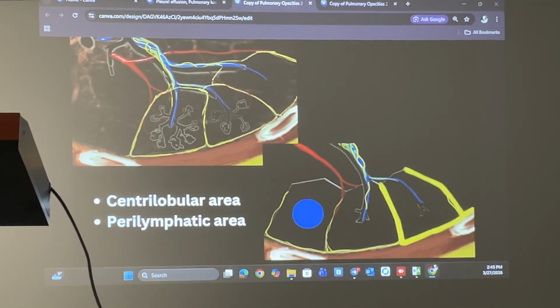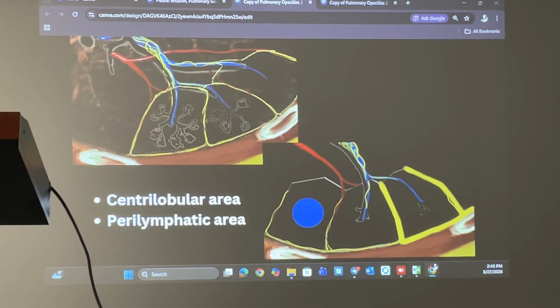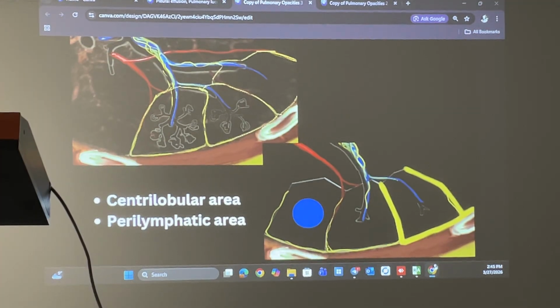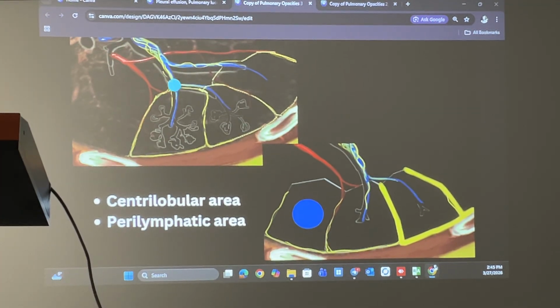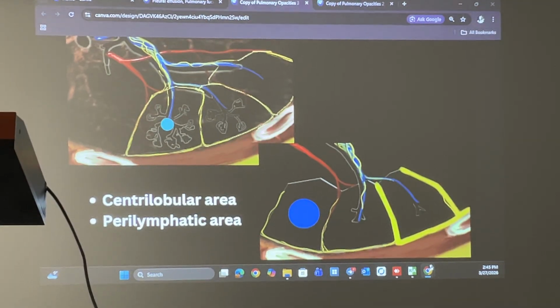The secondary lobule is supplied by a small bronchiole or terminal bronchiole in the center, this black one, which is paralleled by the centrilobular artery. When it is colored blue, that is artery.